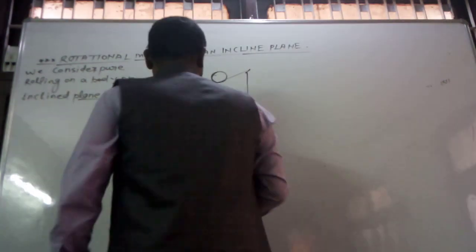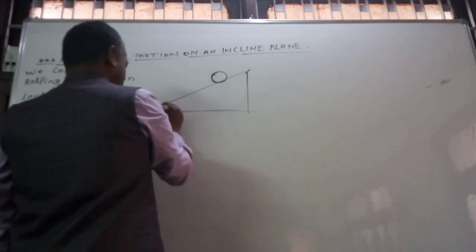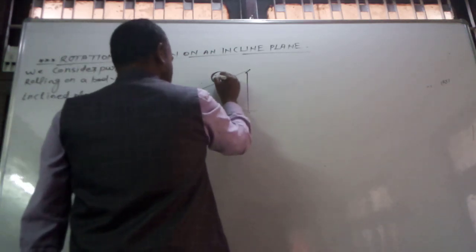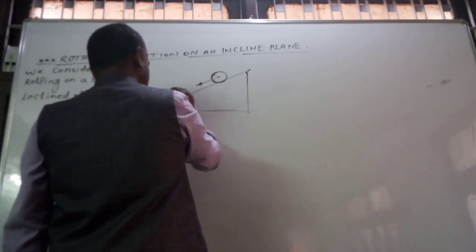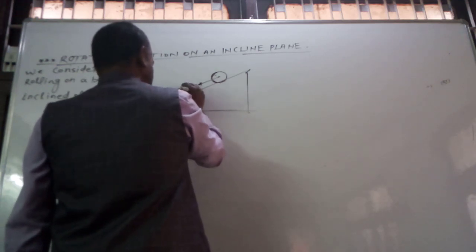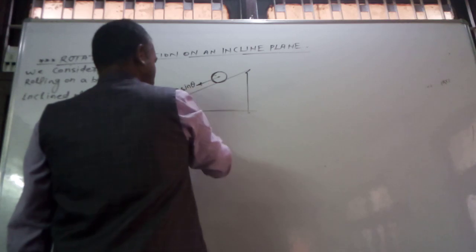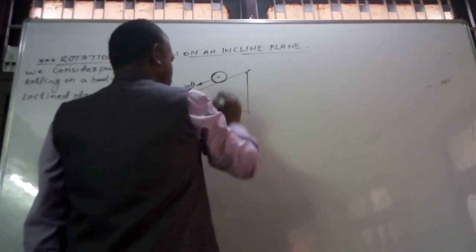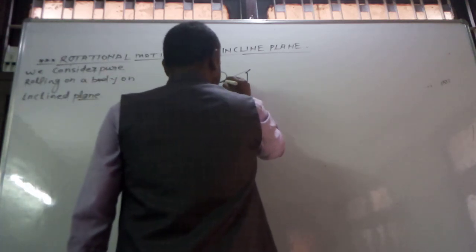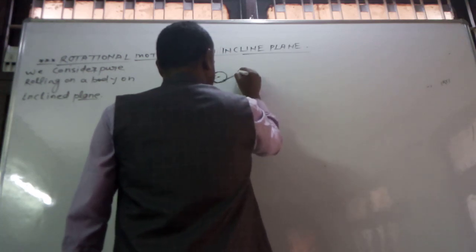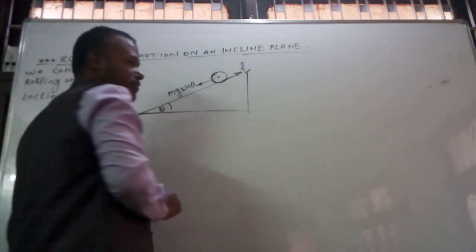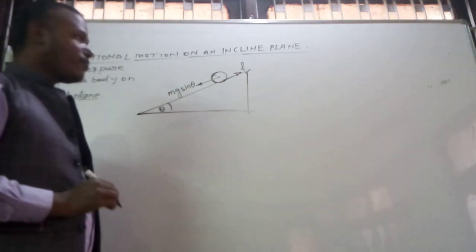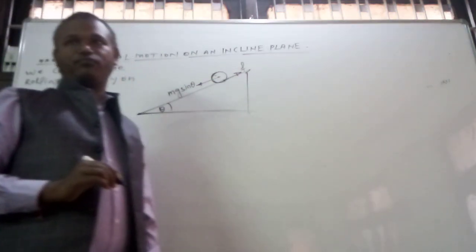So look here, what is the FBD? If this angle is theta, then from the center mg force will act on it. Mg sin theta force will act on it. The frictional force will act along the surface. This is F, and this is the rolling frictional force.